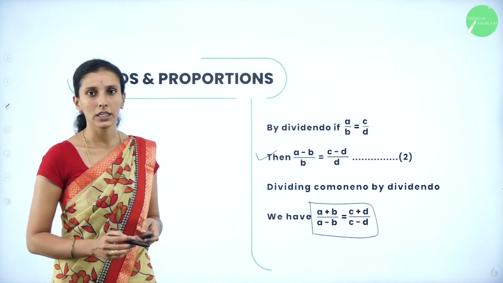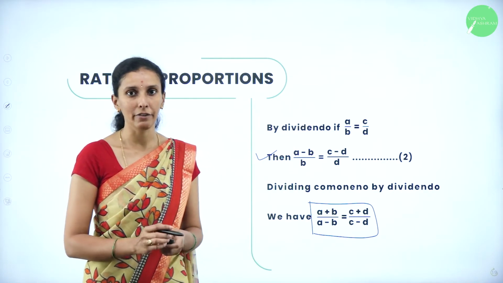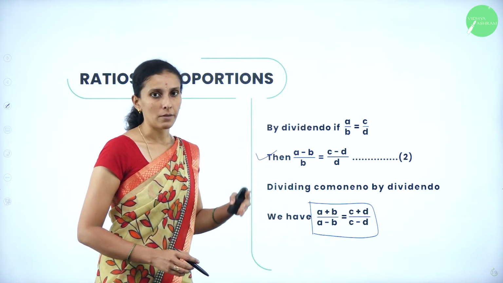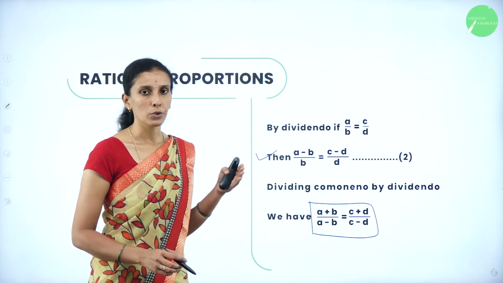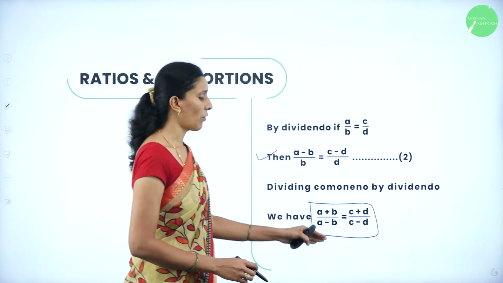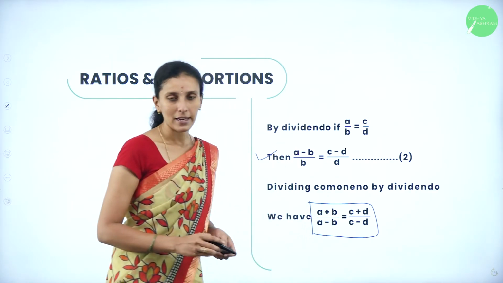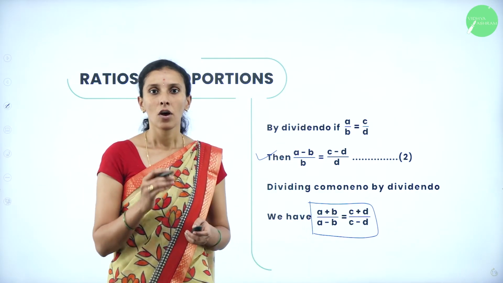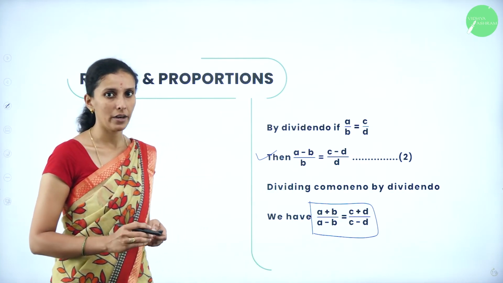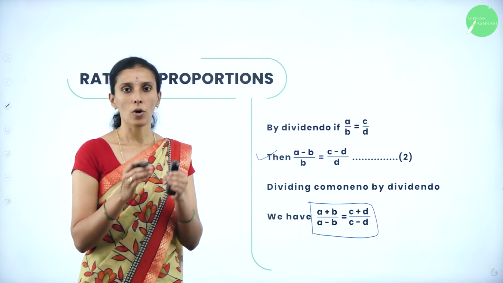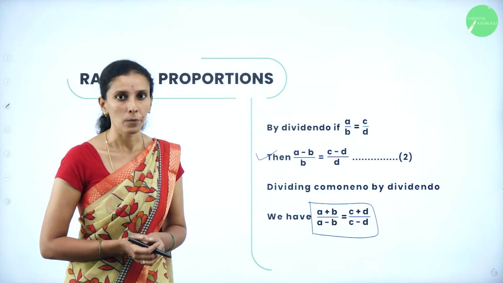We call this both componendo and dividendo. So writing the four proportional terms, that is A is to B proportional to C is to D, in this form, that is A plus B by A minus B, C plus D by C minus D, is called componendo and dividendo. All these properties help to solve problems in terms of proportions.